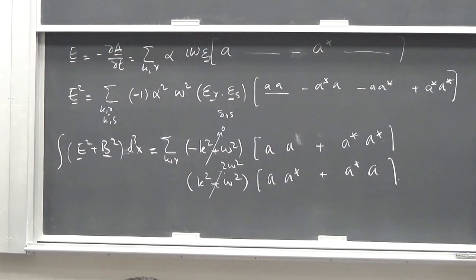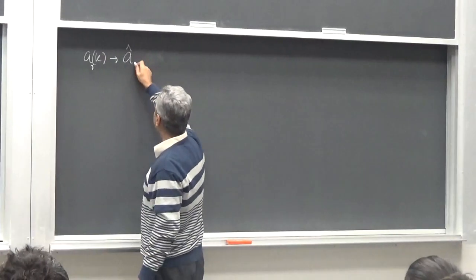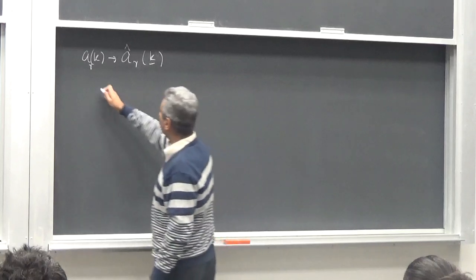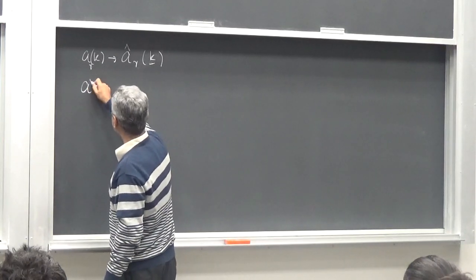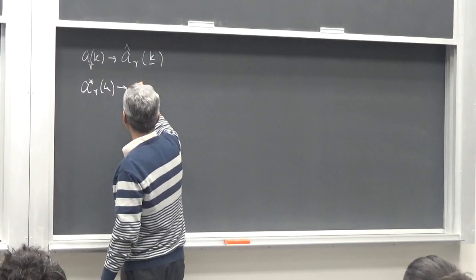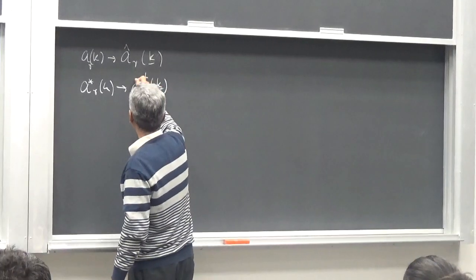So first we have these two operators, A and A dagger, right? So you convert this A of K, R, to an operator, A_R of K, right? And you have A star, R K, and you convert that to A dagger, K, right?